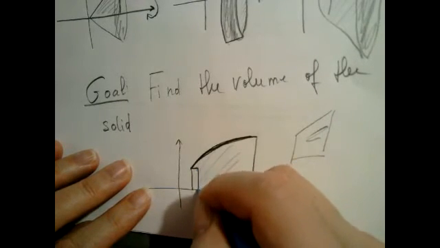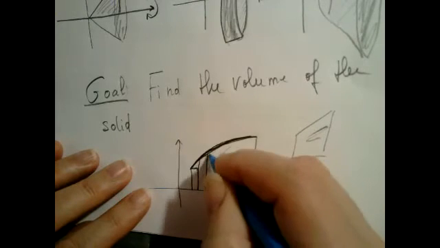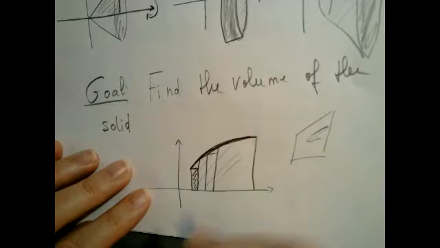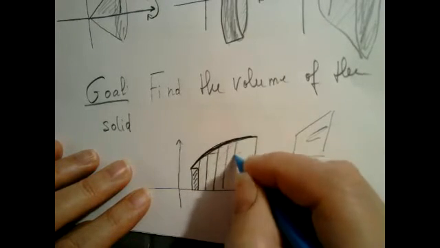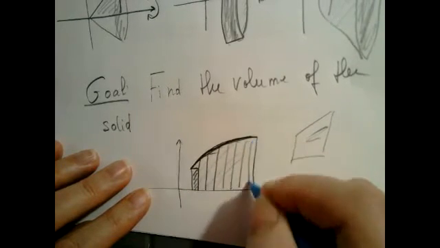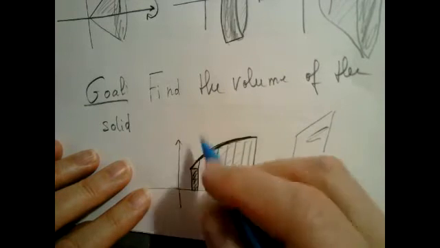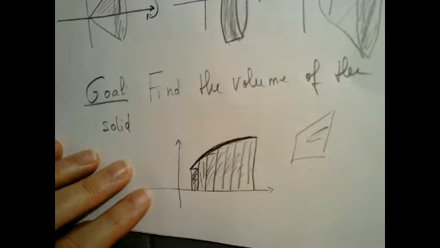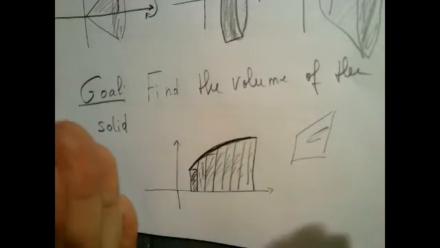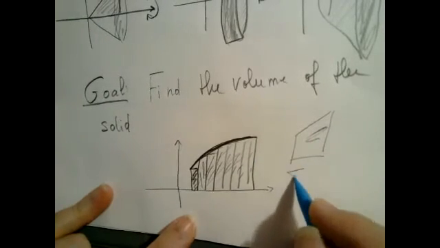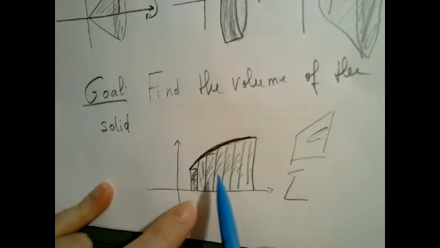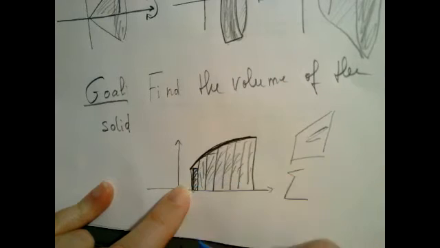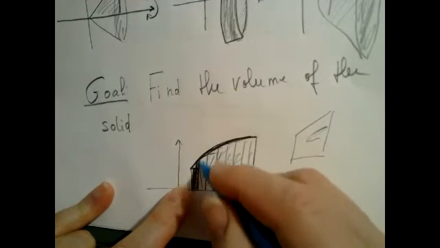So the idea is to split it into tiny rectangles. Why rectangles? Because it's easy to find the area of a rectangle. So that's what we did for area. We split it into rectangles, found the area of this plus the area of that, and added those areas. The sum of the areas gave us what we call the Riemann sum. We say that the smaller those rectangles, the better the approximation.